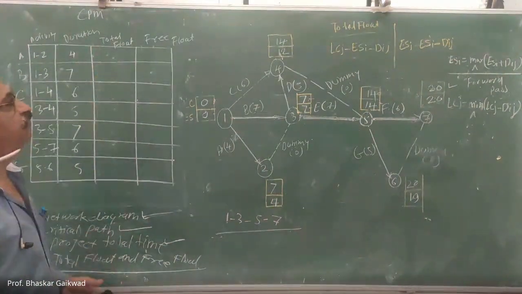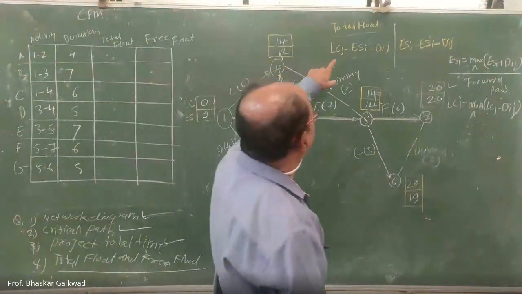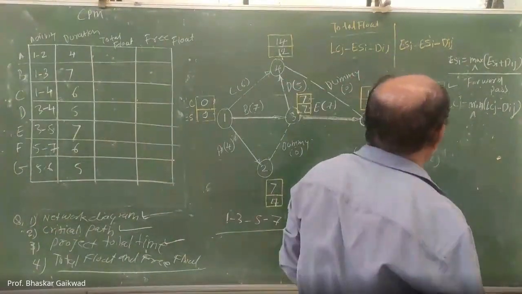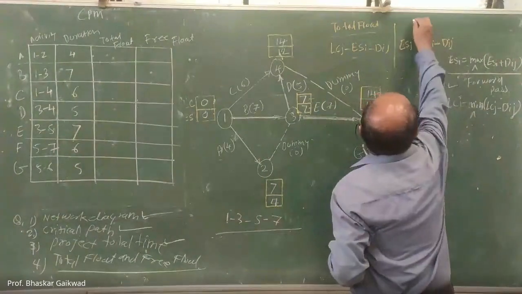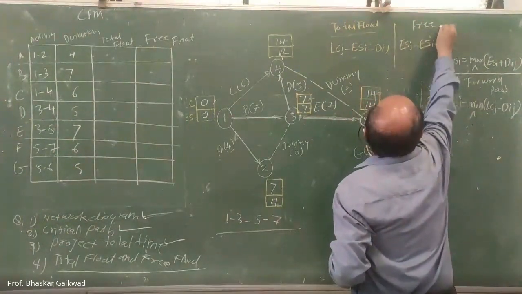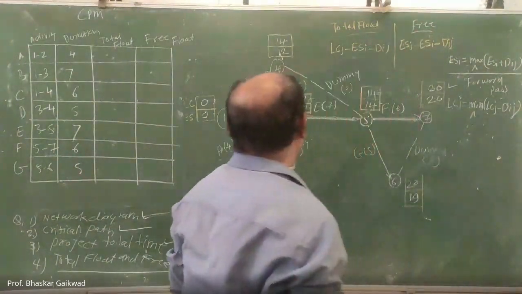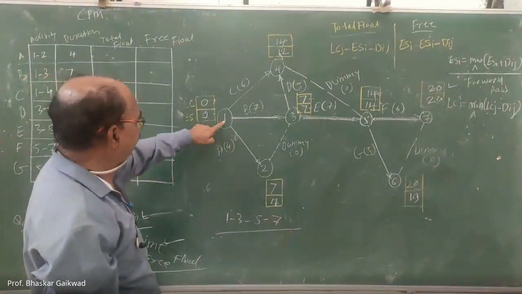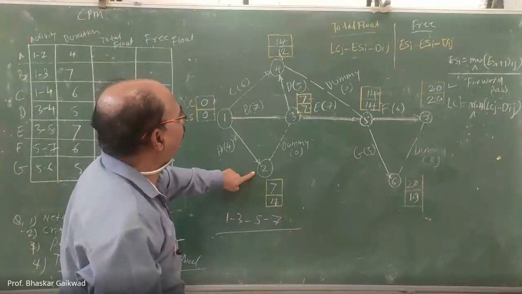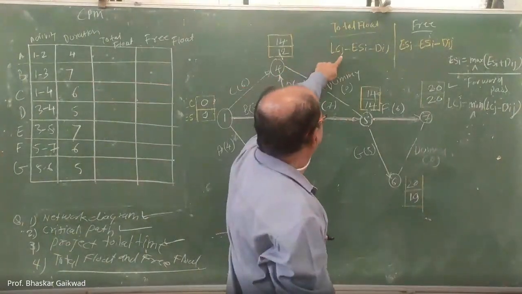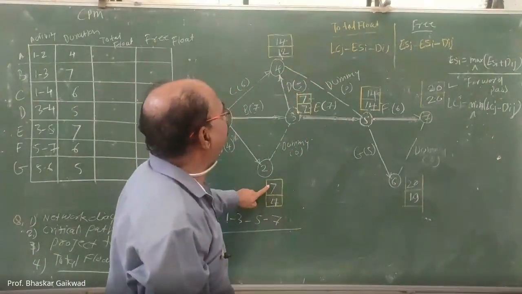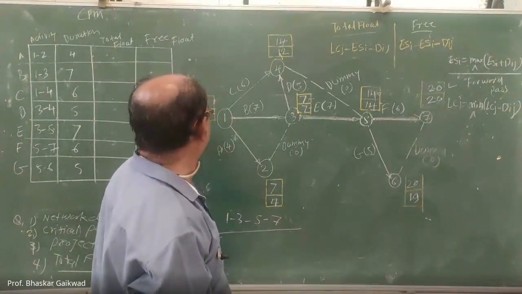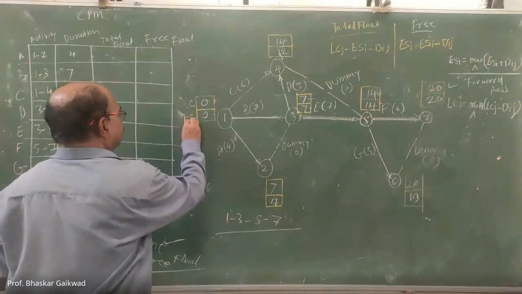Now total float. So you have to remember these two equations. This is the free float and this is the total float. So let us consider first activity 1 to 2. What is our LCJ?